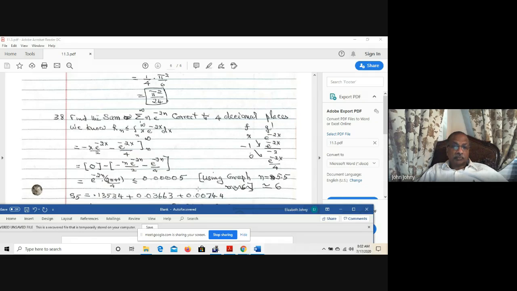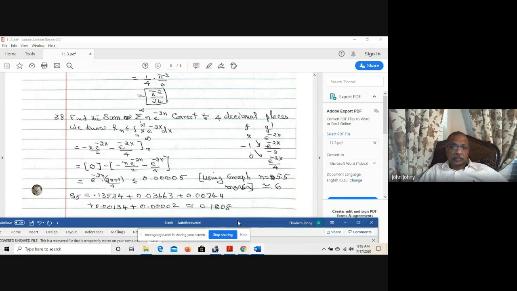Now you have to find the sum. S5 is enough. So if n is equal to 5.5 or 6, the remainder is less than 0.0005, and therefore S5 is the most appropriate answer. So add the first 5 terms of this series.